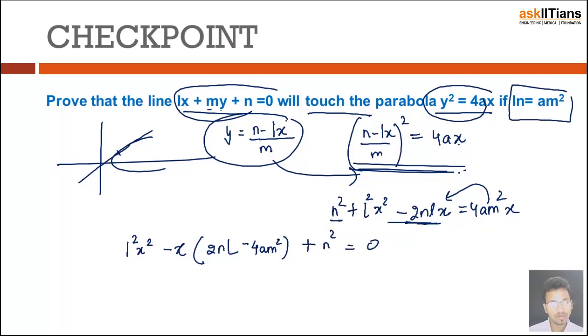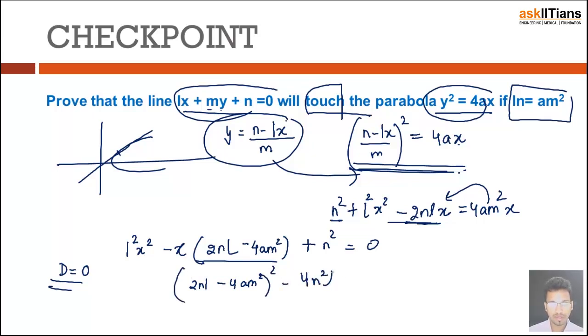Now again for touching, the condition is D should be equal to 0. So for that this will be 2nl minus 4am square whole square minus 4n square l square, so this will be equal to 0.